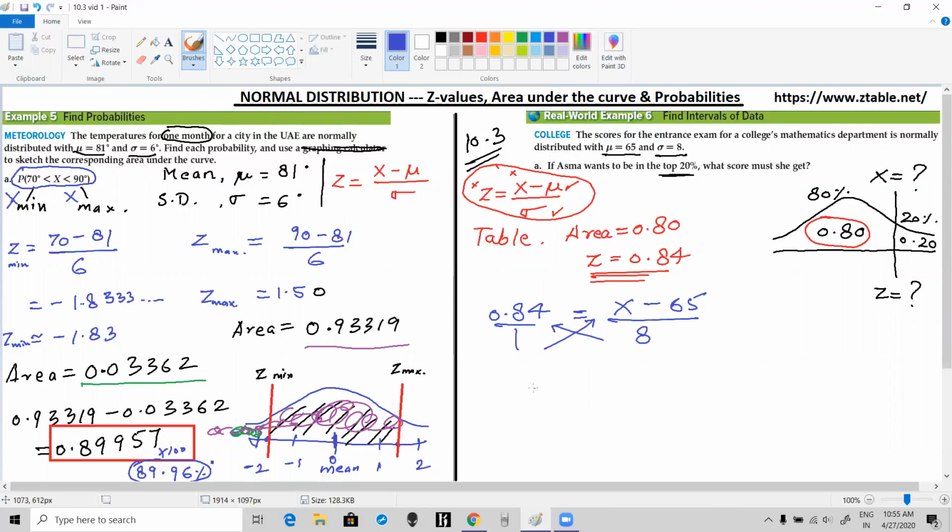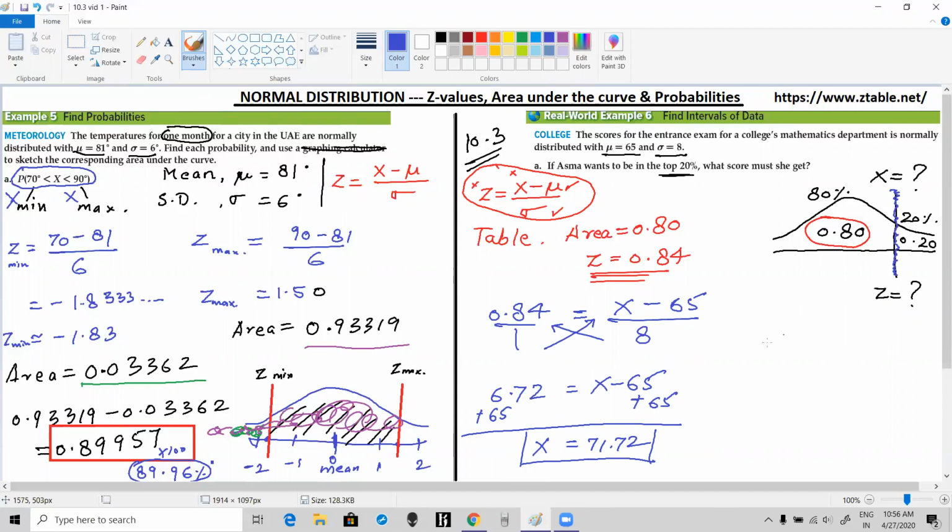On this side, I'm going to get 6.72. Then plus 65 on both sides. When I do that, I will get X equals 71.72.